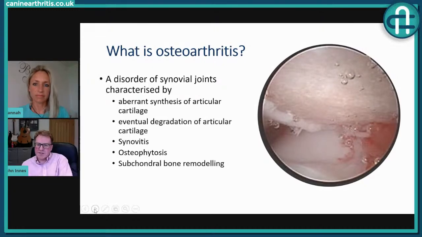There's an arthroscopic, so a keyhole camera view inside an arthritic joint, and that's what we see when we look inside arthritic joints. The very white tissue that you can see is articular cartilage. That's in the lower part of the image. In the upper part of the image, you can see a sort of pinkish, rough tissue. That's bone, and that bone should be covered with cartilage.